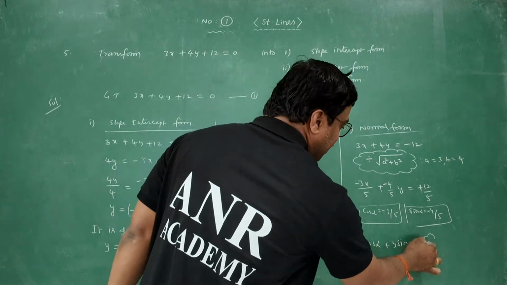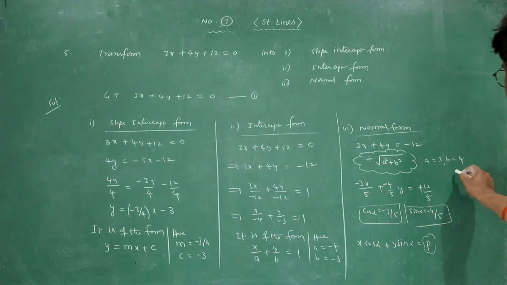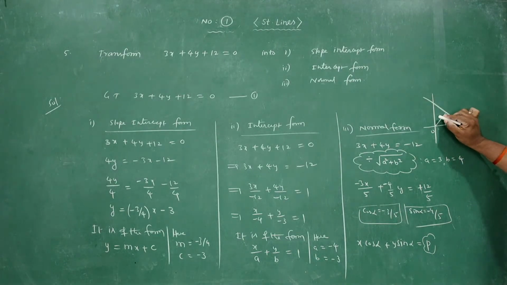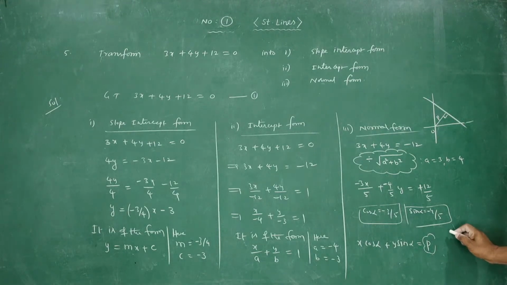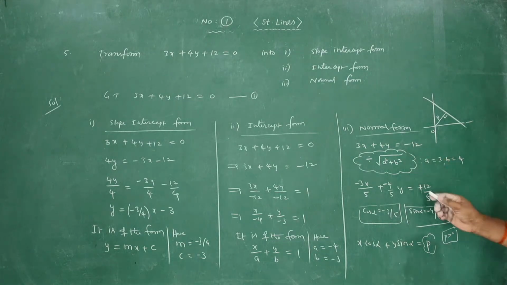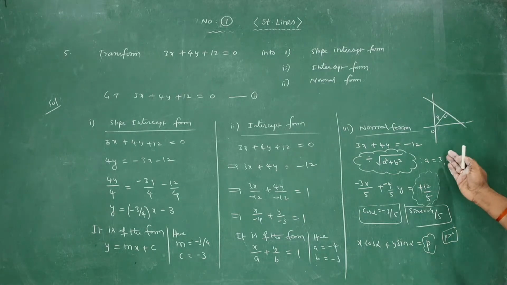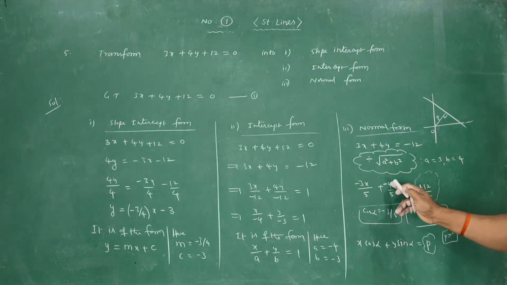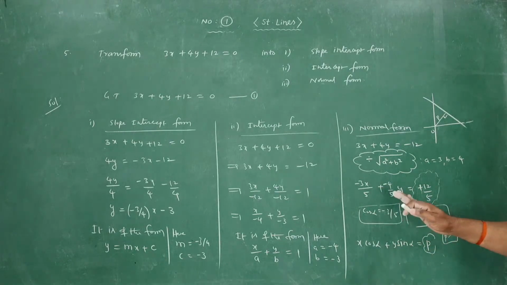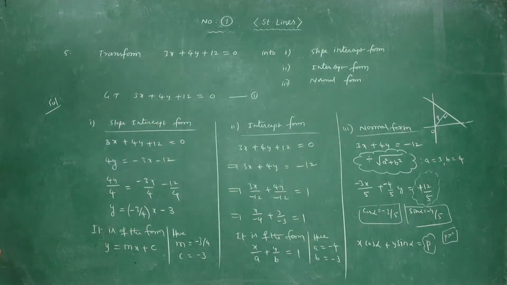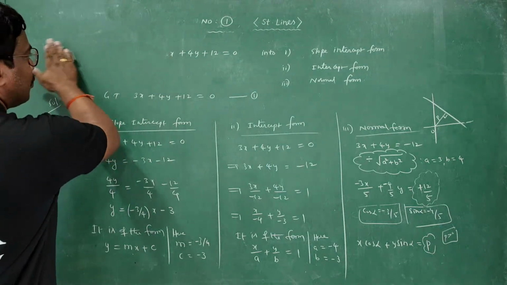Because p is nothing but the perpendicular distance from the origin to the straight line, and this distance p should be positive. So it is converted to the positive fraction 12 by 5, and automatically you get the y coefficient minus 4 by 5 and the x coefficient minus 3 by 5. So cos alpha and sin alpha values are negative, remember. So this is about transformation. Let us move to the next one.